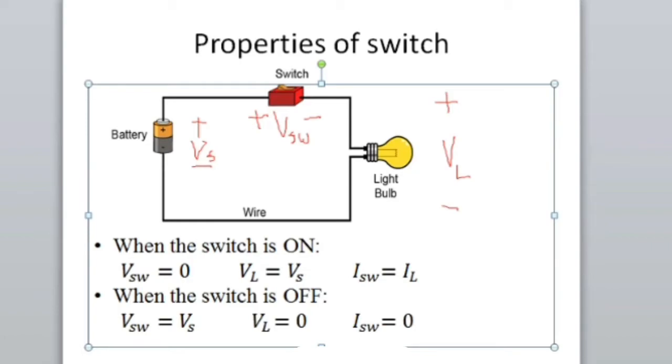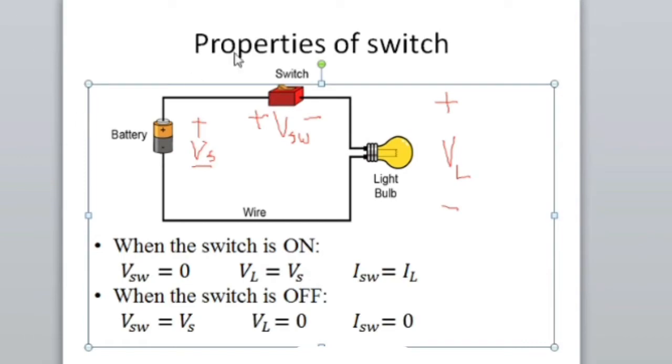What is the bulb voltage? What is the load voltage? If I turn off the switch, what is the bulb voltage and what is the switch voltage? These are the questions I'm asking you. I will come with the answer, because this is very simple.